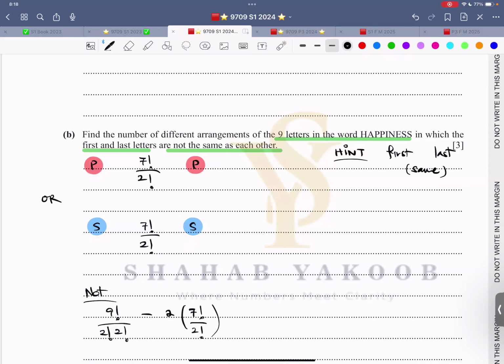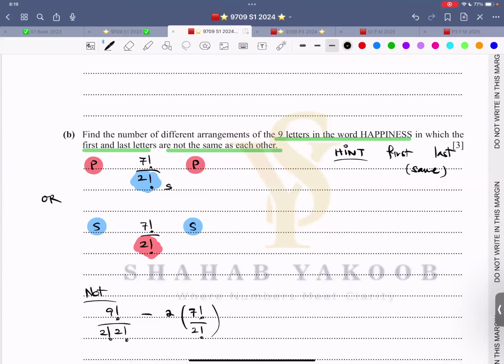So now we have this thing that is 7 factorial, because 7 letters are left, divided by 2 factorial. This 2 factorial is for the S. And similarly, when we have S at the front, S at the end, this 2 factorial will be for the 2 P's.